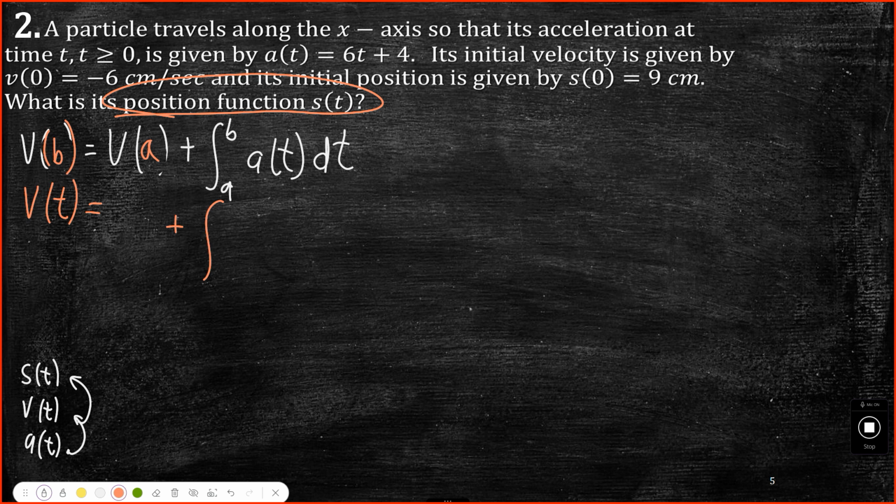What do we put here? 0? And then we put what here? Yeah. And then leave this as a variable t. Yup. So a of t is what? dt.